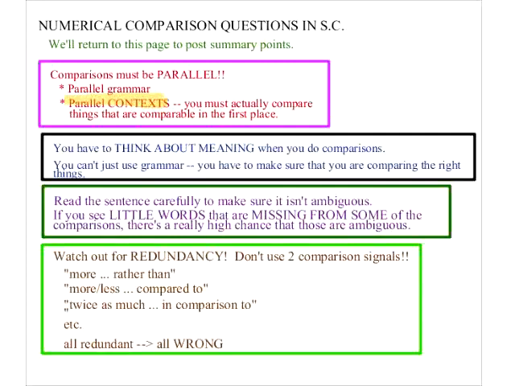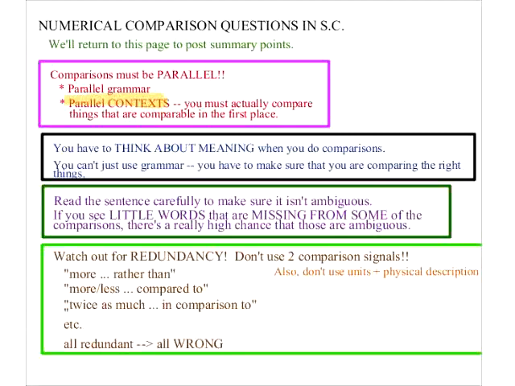So don't use two comparison signals, and also don't use units plus physical description. Let me explain what I mean by that. Let's open this box up to accommodate that.